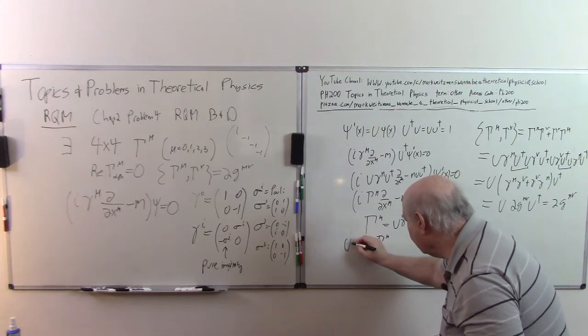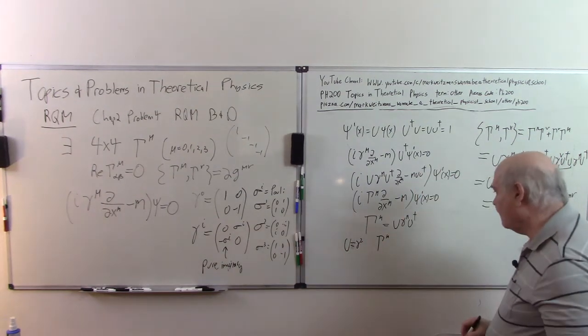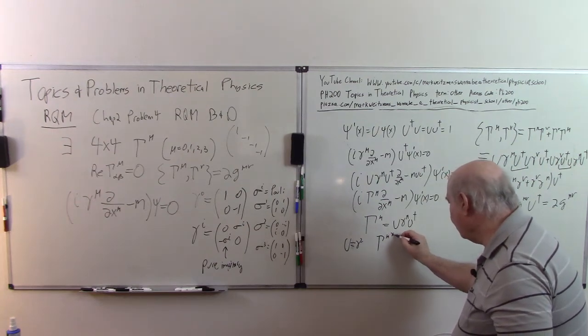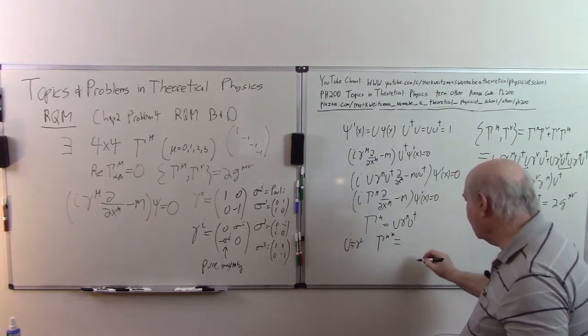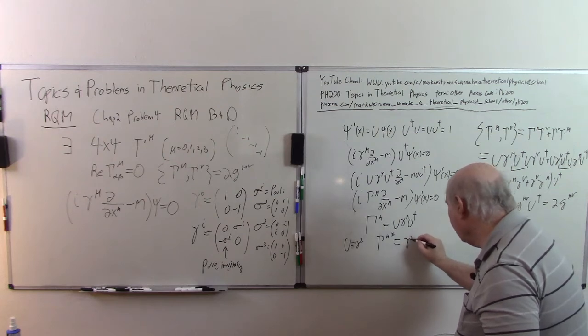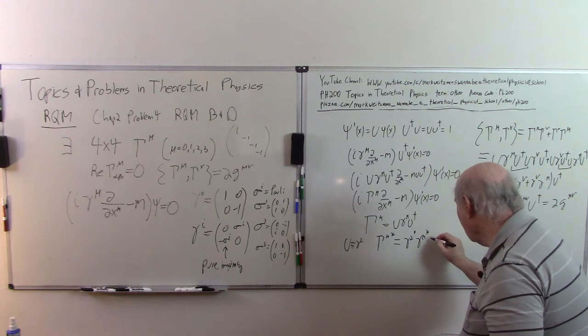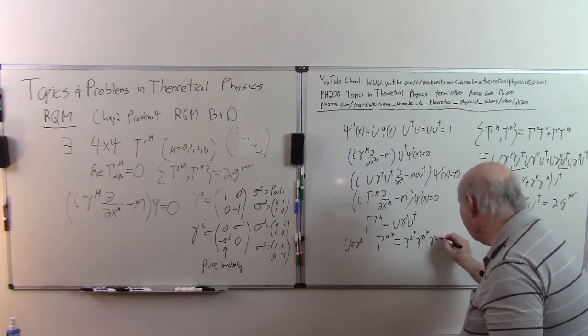So you try that, that was the first thing I tried. Then gamma u star is equal to gamma 2 star, gamma mu star, gamma 2 dagger star.